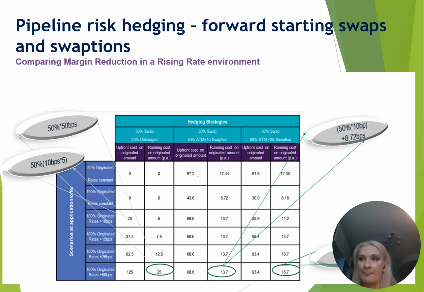It is a dangerous situation because we can lose in terms of margin compression. You are originating the loan at a certain level, let's say 4%, then you are locked because you are committed to the customer to maintain this rate at 4%.